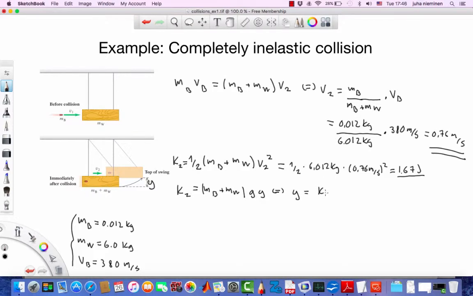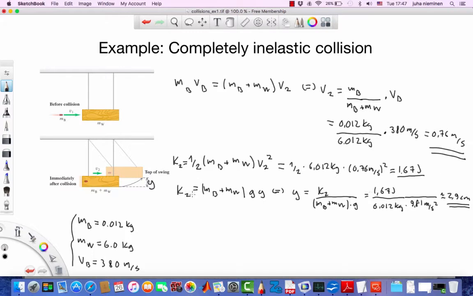So it's going to be K2 divided by total mass times acceleration of gravity. So 1.67 joules over 6.012 kg and 9.81 meters per second squared. And that gives about 2.9 centimeters, or roughly 3 centimeters.